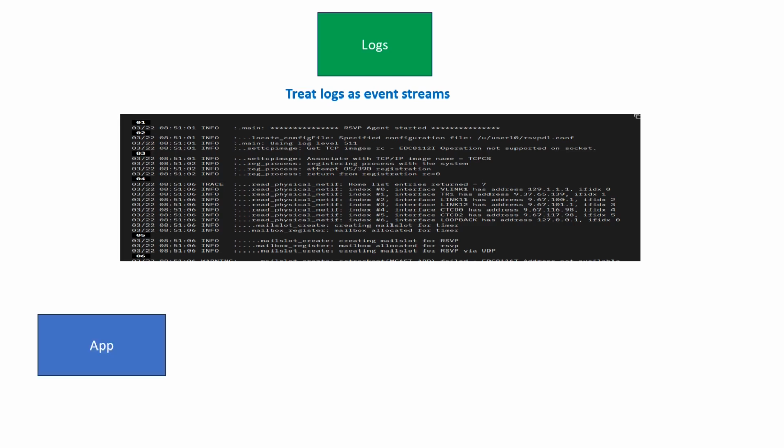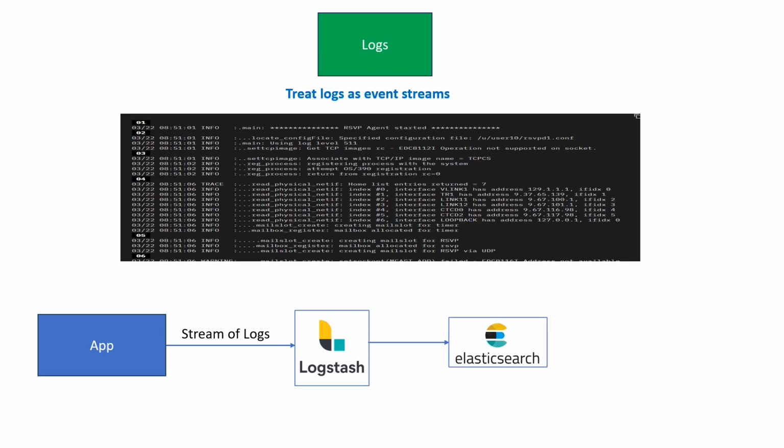So if any application is generating logs, those logs should be used as event streams, and that event stream may be stored in Logstash, from where we can send it to Elasticsearch, where we can analyze the logs and act upon those events, and then maybe analyze or archive them in the Kibana system.